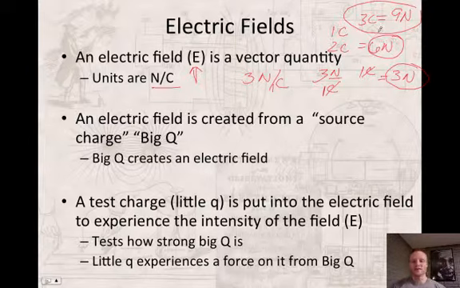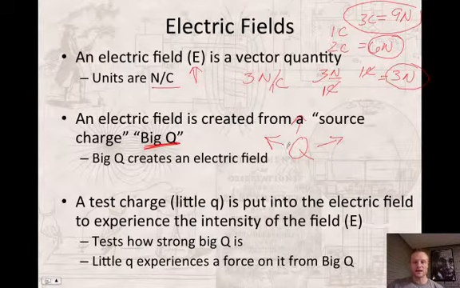Now, what actually creates an electric field? An electric field is created from a source charge. I wish I had a better name than that, but it's this charge that creates an electric field. Throughout this whole lesson, I'm going to refer to the source charge as big Q. Big Q is always the one creating an electric field, and we'll represent this by lines.